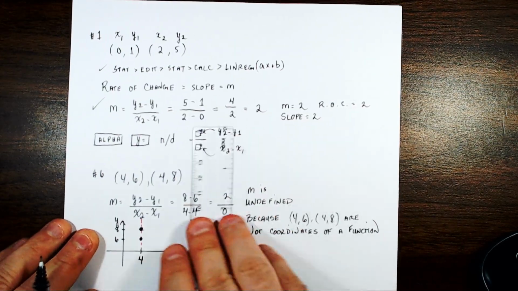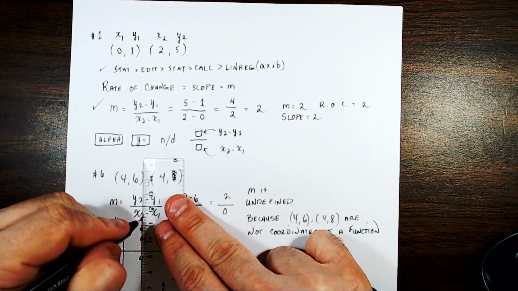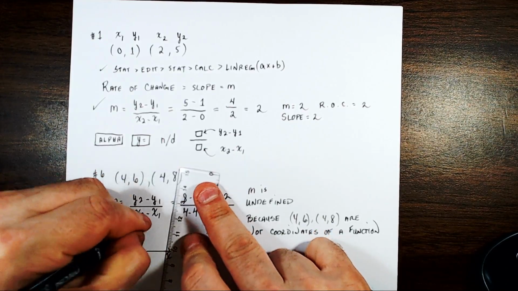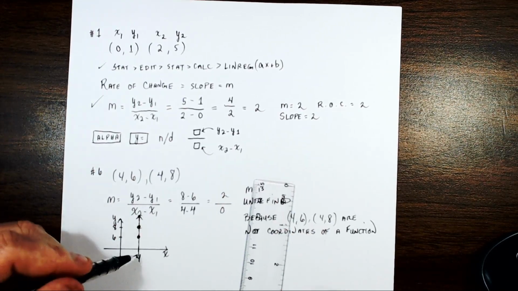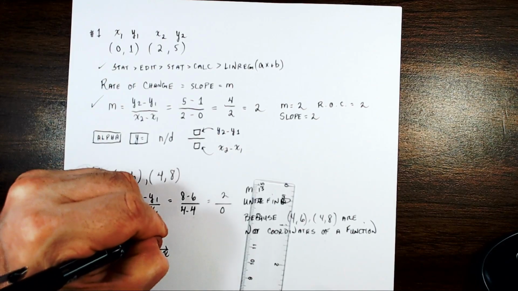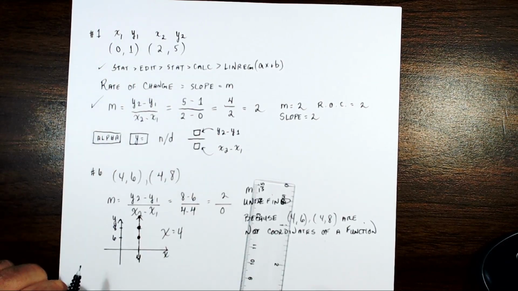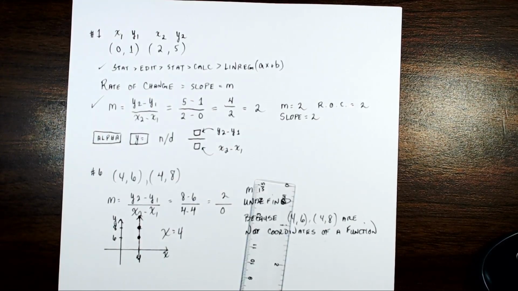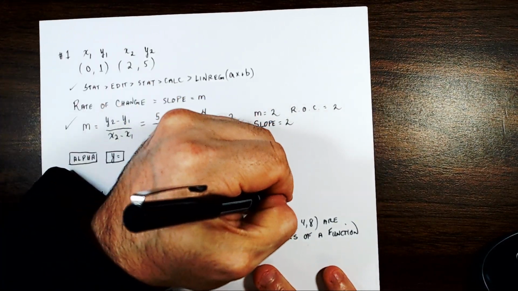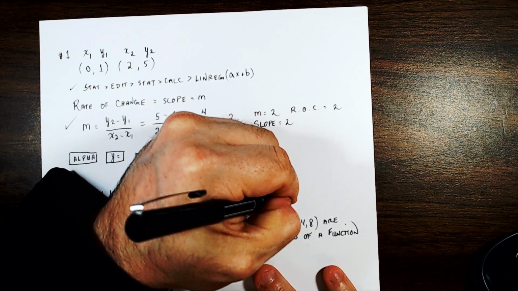In fact, if we were to graph this, it would just be a vertical line at x equals 4. So the equation for this line is actually x equals 4. There's no y value. So we can't perform a rate of change. There is no rate of change.